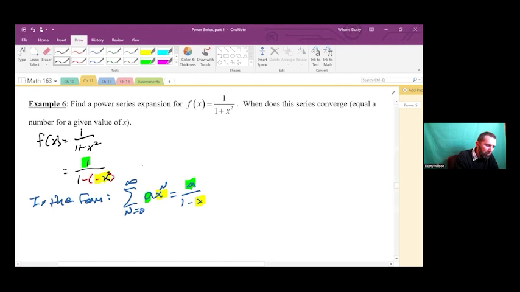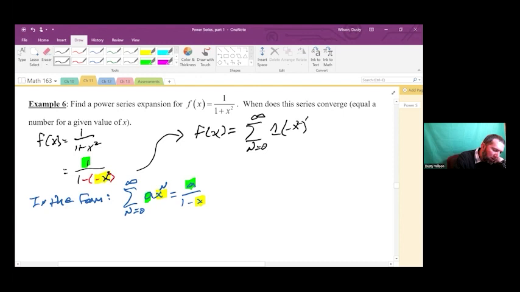So this tells us that f of x equals the sum from n equals 0 to infinity of 1, that's our a, times negative x squared to the nth power, which could be written more succinctly as the sum from n equals 0 to infinity of negative 1 to the nth power times x to the 2n power.